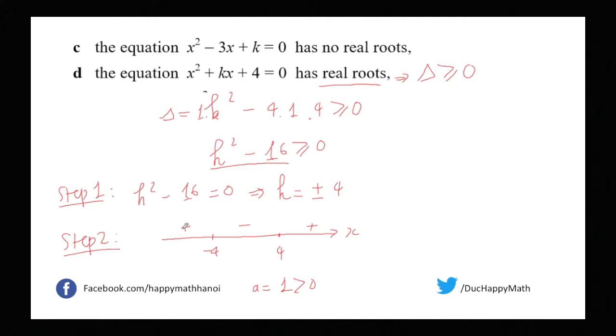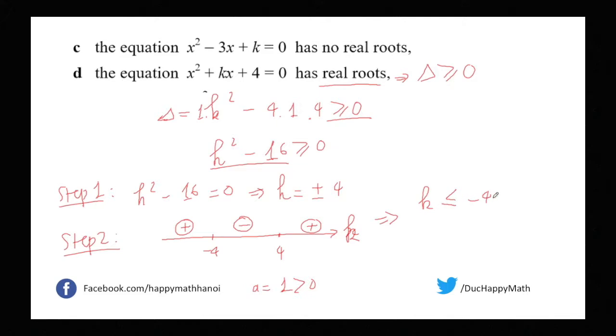So from this you get positive, negative and positive. The question asks for delta greater than or equal to 0, which means positive. So sorry, this is k. I will take k in the positive intervals: k less than or equal to -4.